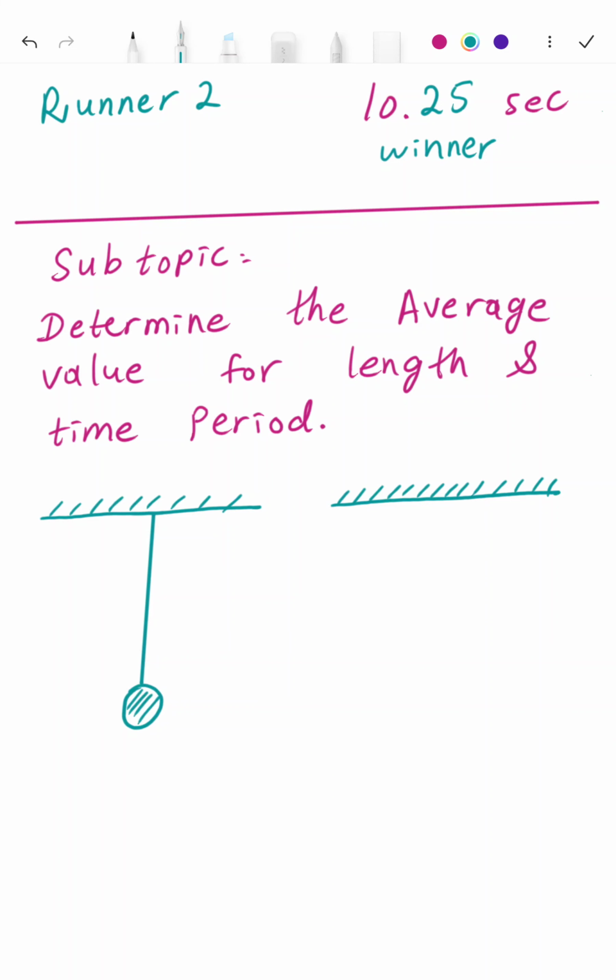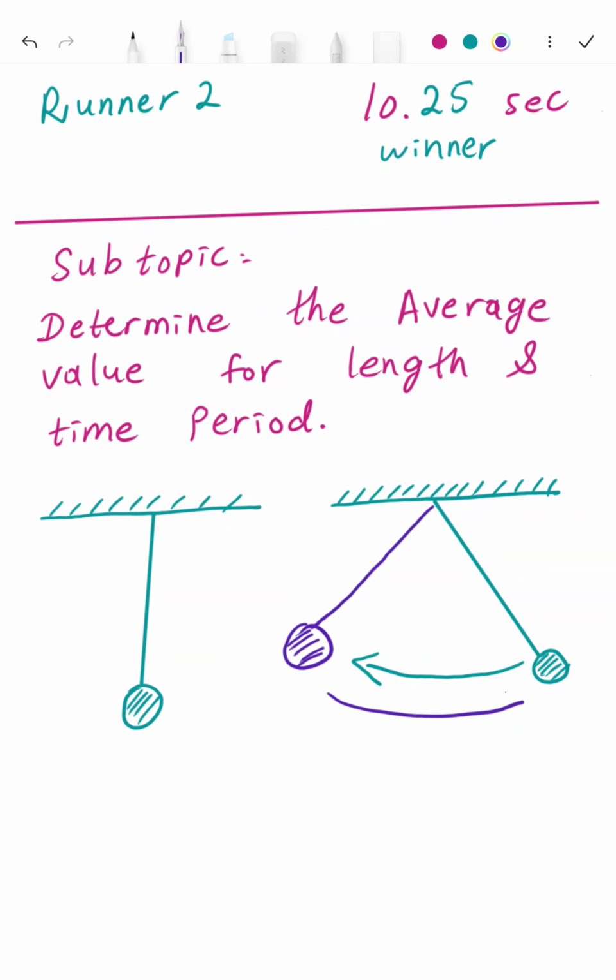So we take our mass or the bob to one of the extreme ends like this, and we leave it from this end. It goes to the other end like this, and then returns back to its original position.